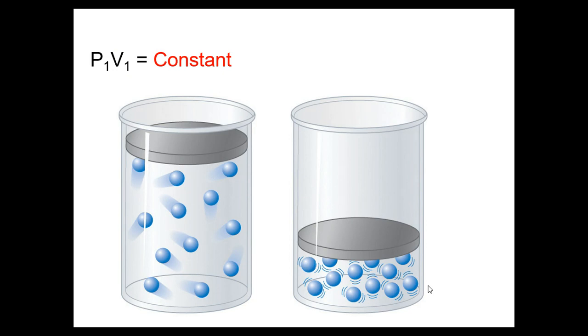So back to our volume and gas pressure, which is what we're focusing on. If we multiply the pressure and volume of a gas together, we get a constant. Okay, we get a number. If we then compress the gas, we squeeze it to make it smaller, to get a second volume and a second pressure, we find that the second pressure and second volume multiplied together give us the same constant, because they're inversely proportional.